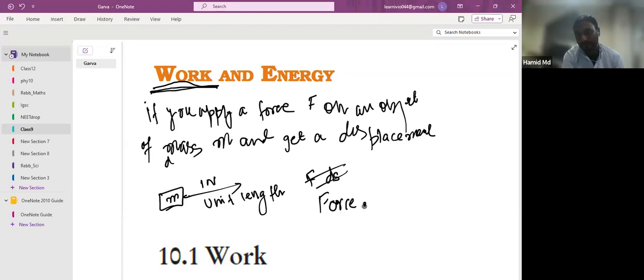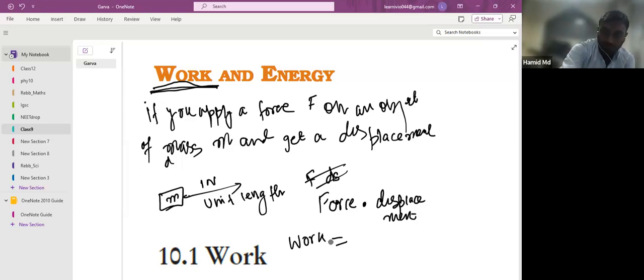This is the dot product, and this results in work. Did you get it or not?